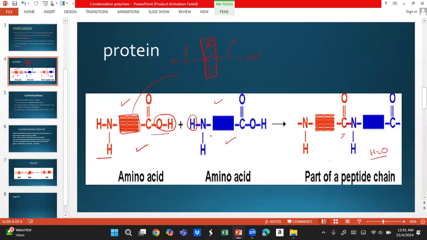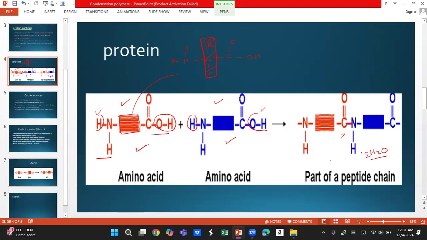As we have taken two amino acids, one water molecule will be given off in the middle, and then the second hydrogen from here and hydroxyl group from the other end. So at both ends, one of them loses hydrogen, the other loses hydroxyl group. They produce another water molecule, and this way we have two water molecules.